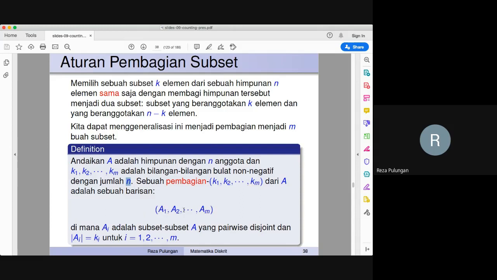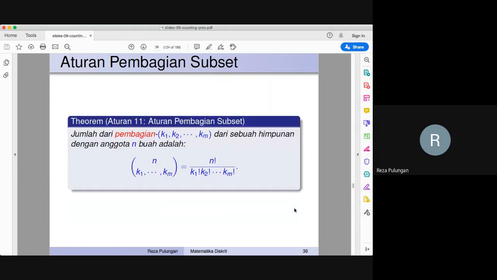Here is the first one, the second one, the third one, and so forth until the mth one. The number of elements in A1 is equal to k1, here k2, and so on until km. You get the idea. Now we can generalize the rule and we call this the subset division rule.